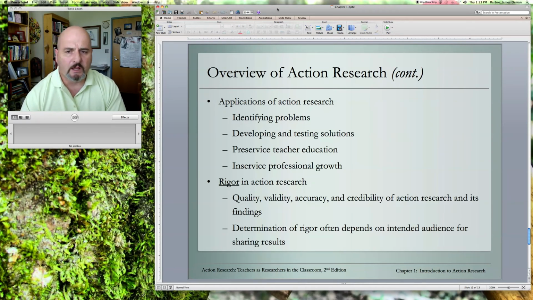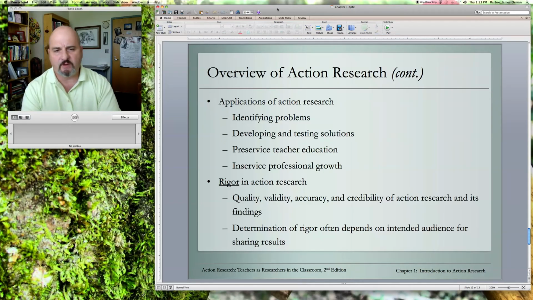Okay, so the applications of action research. This goes back partly to what we had talked about before. You're identifying specific problems, or maybe just challenges. You don't necessarily have to label them as problems. They could just be different areas that you want to look at.